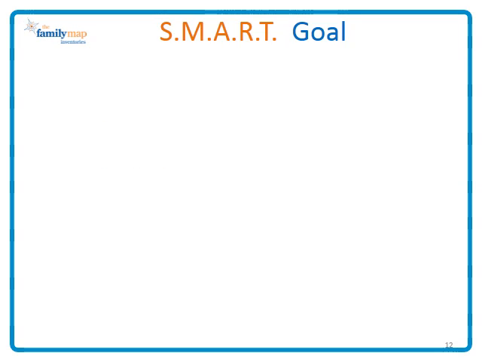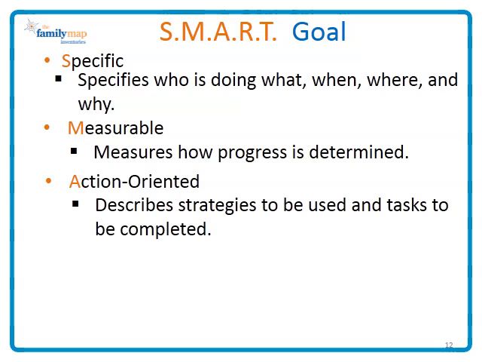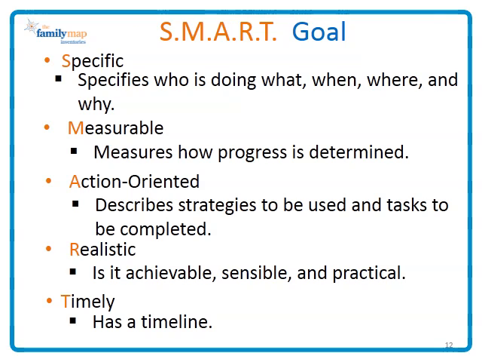After you and the caregiver have decided on a goal topic, the next step is to talk about exactly what the goal is and how it will be completed. When doing this, think about making a SMART goal. SMART stands for specific, measurable, action-oriented, realistic, and timely. Be specific about who is doing what, when, and where.